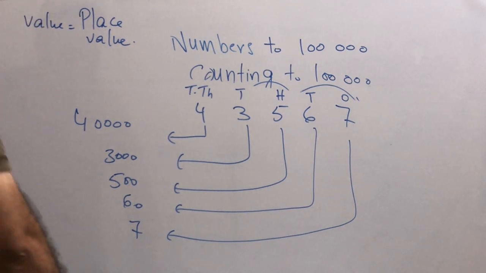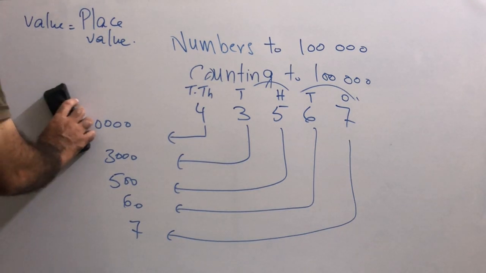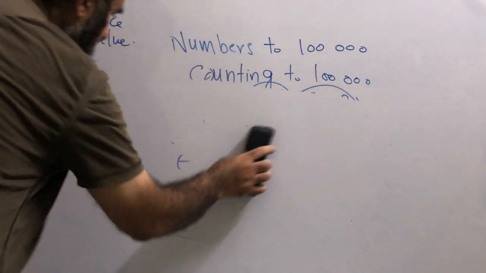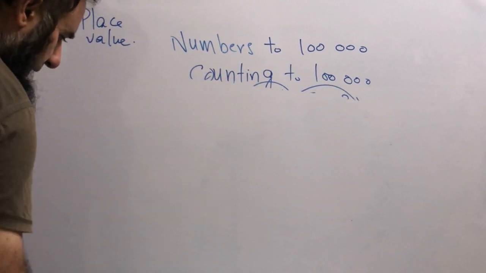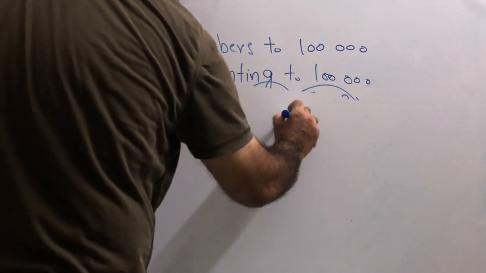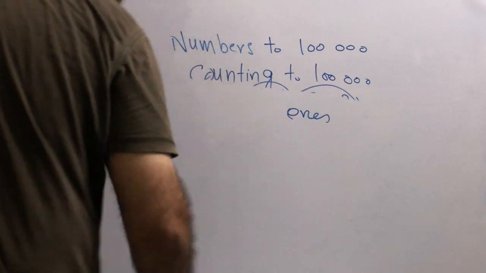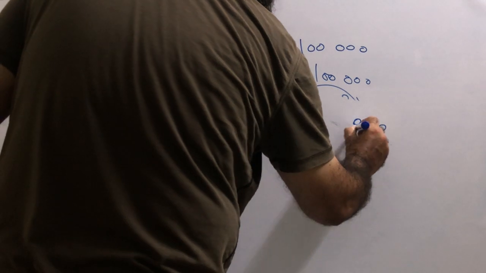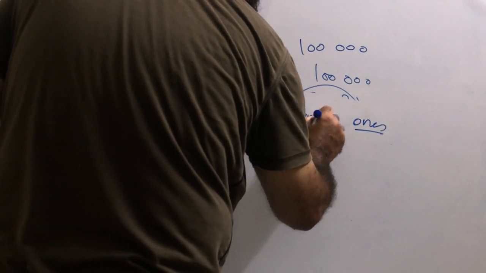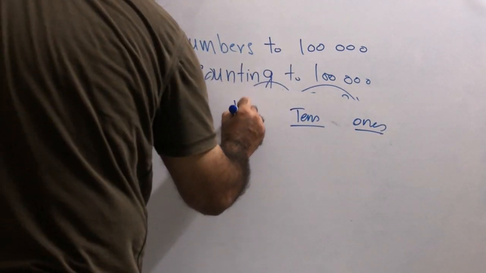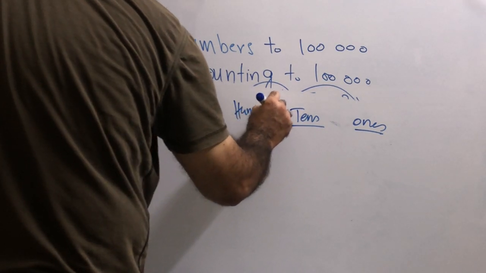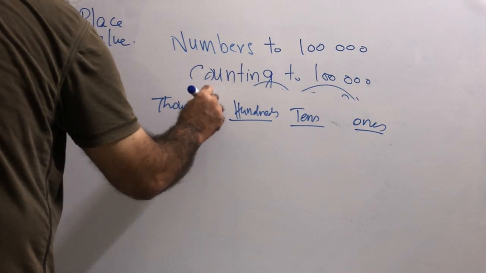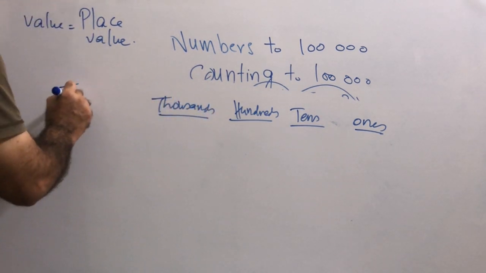Okay, so now how to write this number in English form? Okay, we have ones, tens, then hundreds, then thousands, then 10,000s.